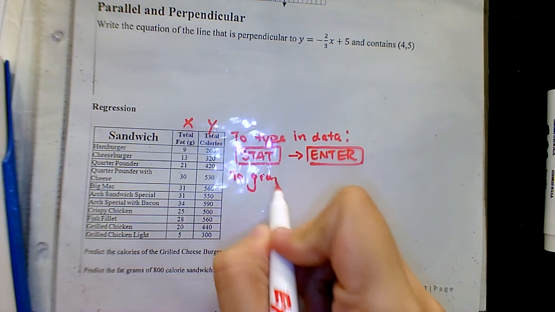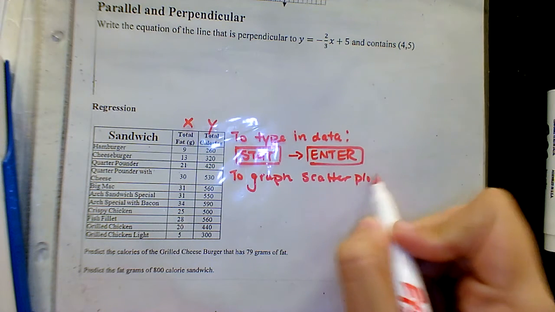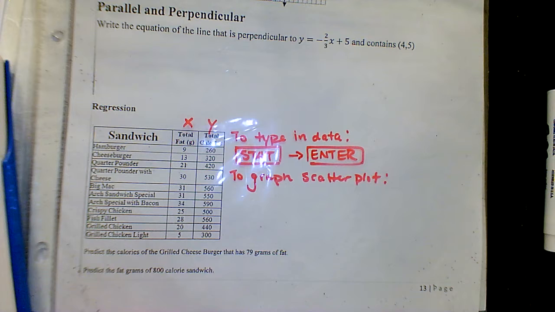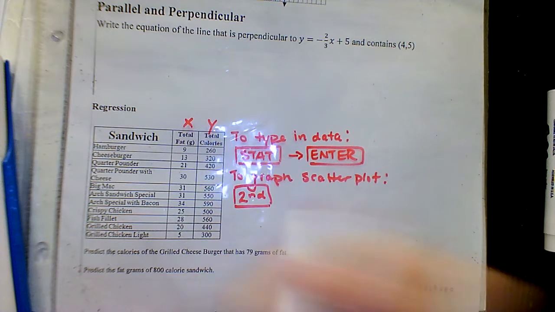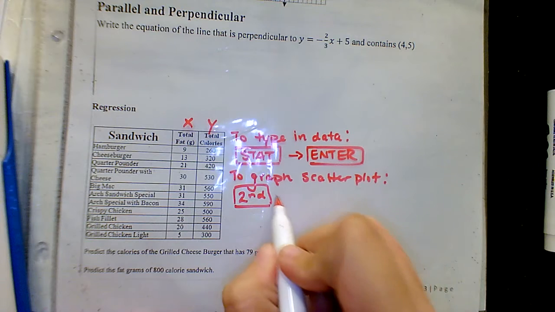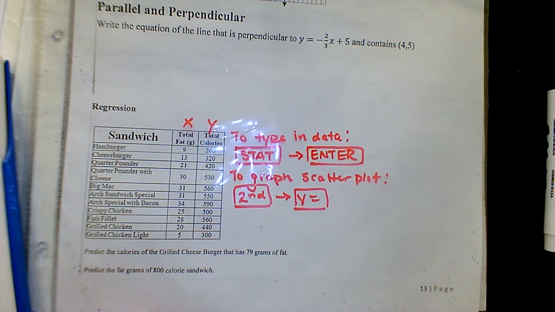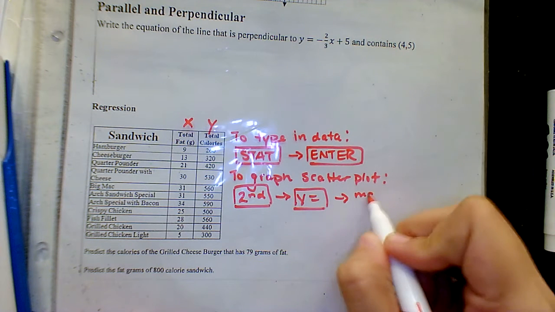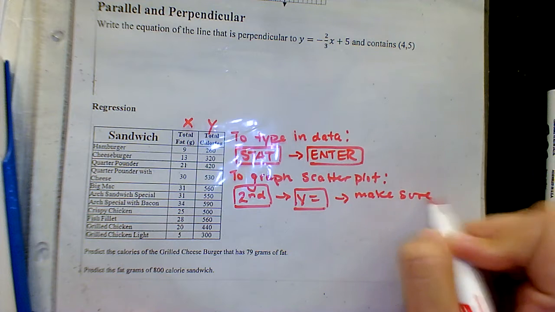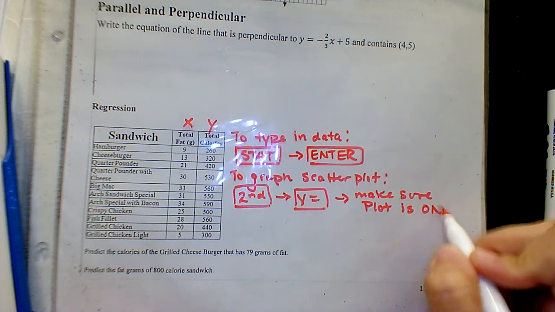To graph a scatter plot, we're going to hit the blue second button, and then the Y equals button, and then we're going to make sure the plot is on.